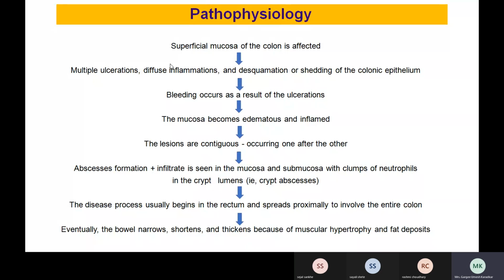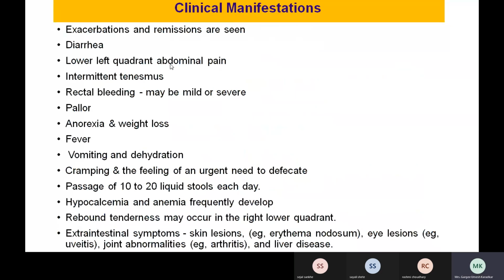Abscess formation, infiltrate in the mucosa and submucosa with clumps of neutrophils in the crypt lumen. That's why they are termed crypt abscesses. So what is the end result of this disease? The bowel will narrow, shorten, and thicken because of muscular hypertrophy and fat deposits. Fine.